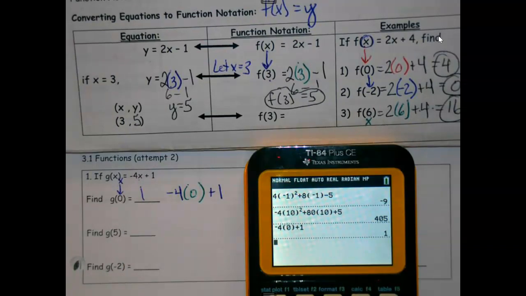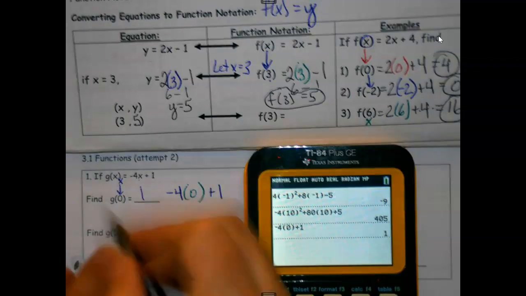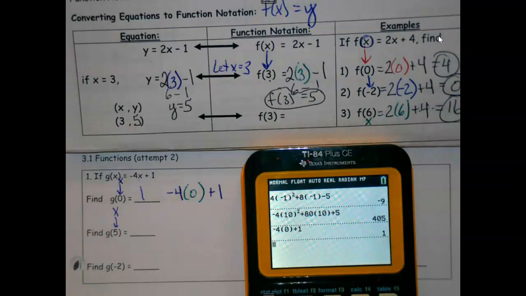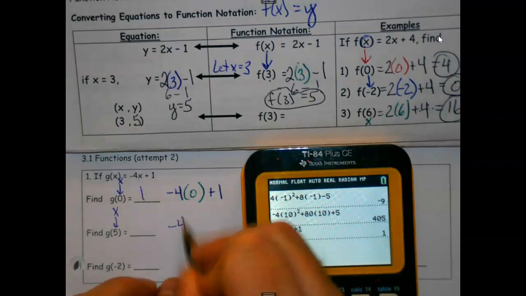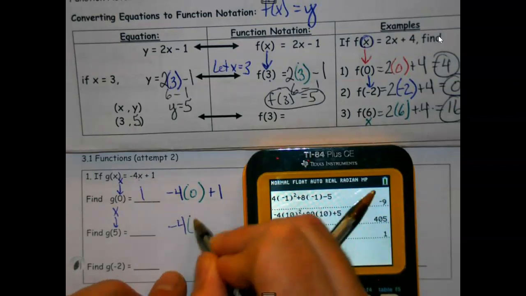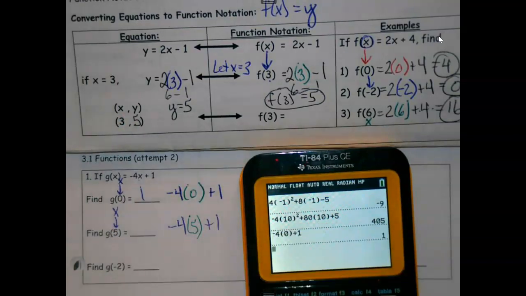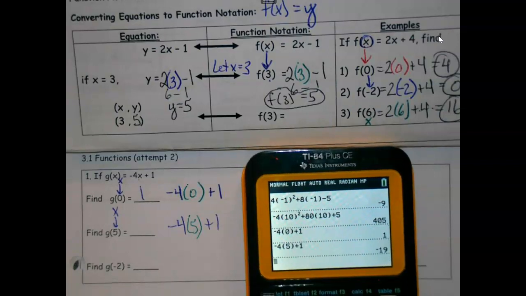And so if I get the first one, I'm probably going to get them all, because now all that changes is the x value. Everything else stays exactly the same. -4 times 5 plus 1.